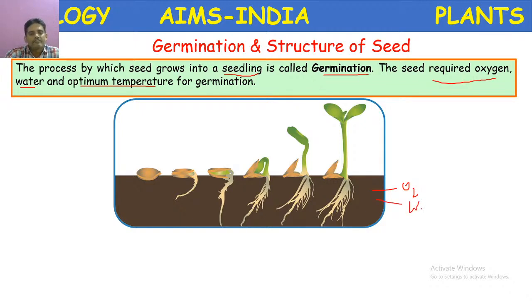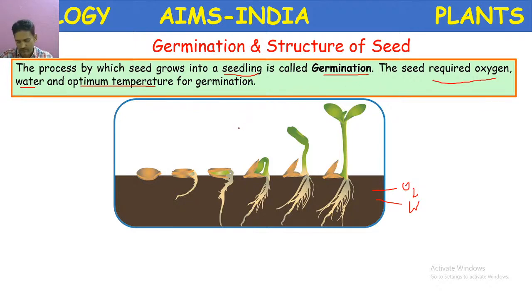We will water the plant, so water is available. The seed also requires optimum temperature, which is provided by the sunlight. When these conditions are available, then the seed easily germinates.